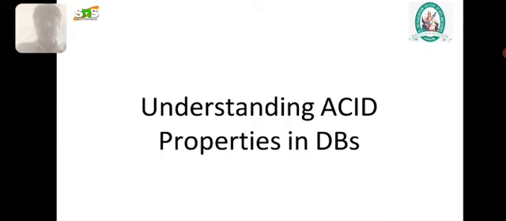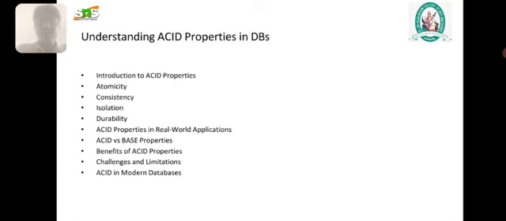Today we are discussing understanding ACID properties in database management system. This is the agenda: understanding ACID properties in database management system.